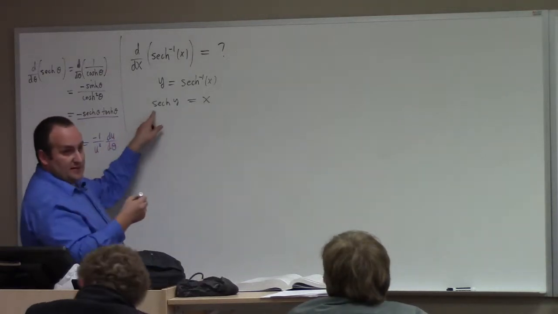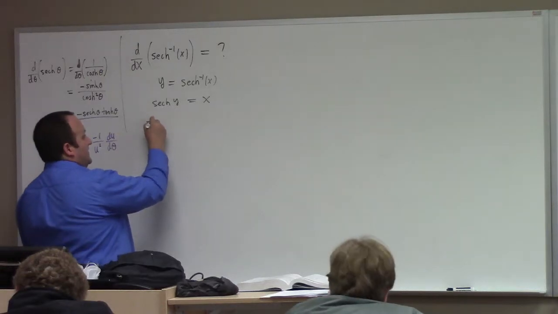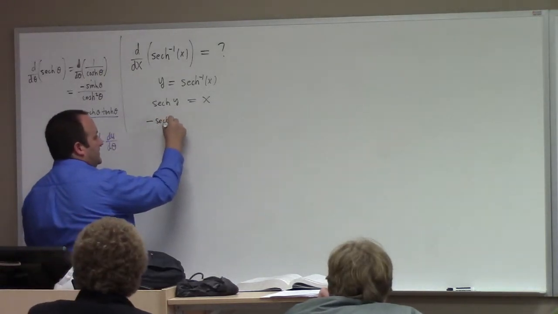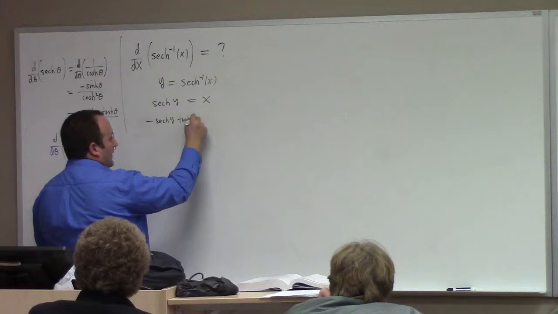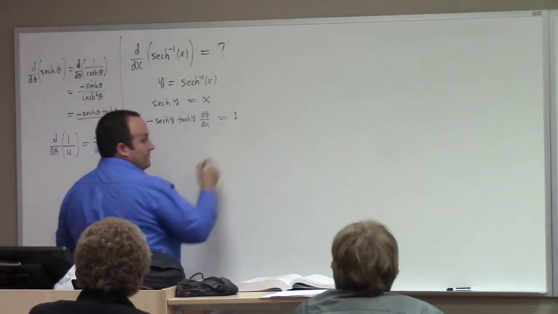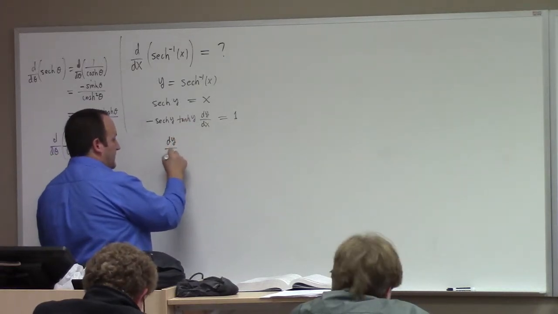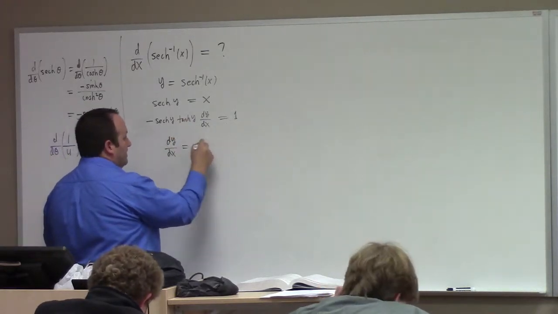Now I can implicitly differentiate this, right? What's that give me? I get minus hyperbolic secant of y, hyperbolic tangent of y, dy dx, which is what we're after, equals 1. So solve for dy dx, which is what I'm trying to figure out at the moment. We're still not to the problem yet, right?